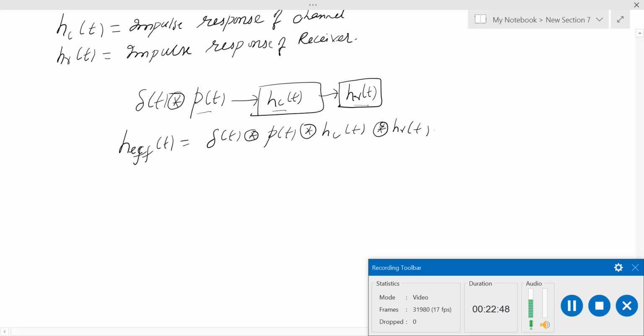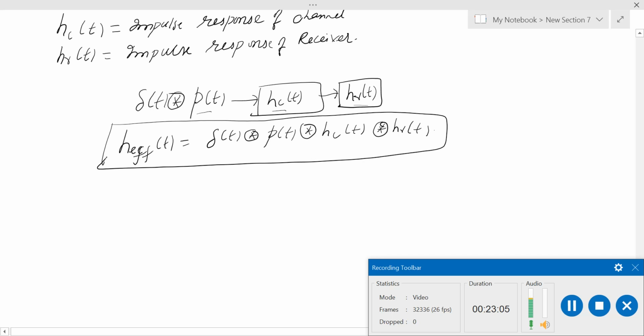When you transmit input x of t via a system with impulse response h of t, then the output is the convolution of input and channel response. But what is this delta of t? This delta of t is what guarantees that the impulse response is non-zero only at t equal to 0. That is when the current symbol is transmitted, and it is 0 for all other t.